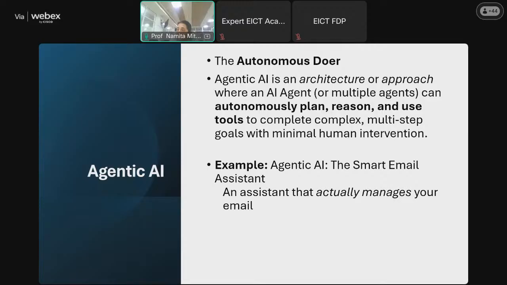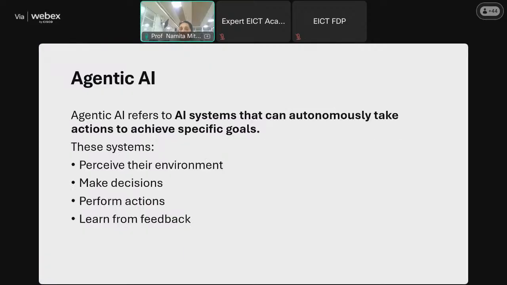If an email is important, it should answer quickly, and on my behalf respond in such a way that it's like me only. That is agentic AI, an assistant that actually manages your email. The days are coming where everything will be done by these AI agents.